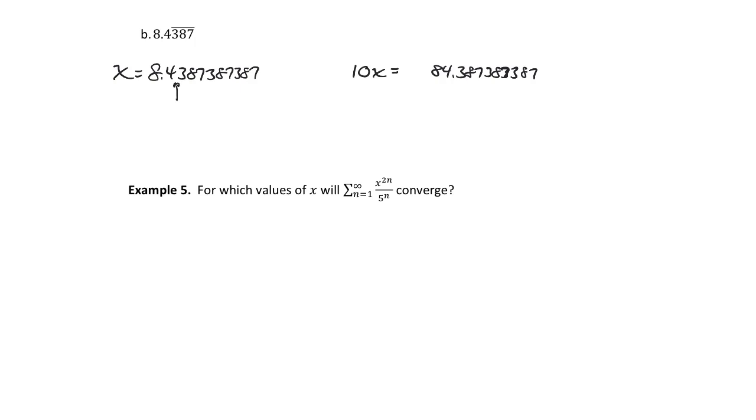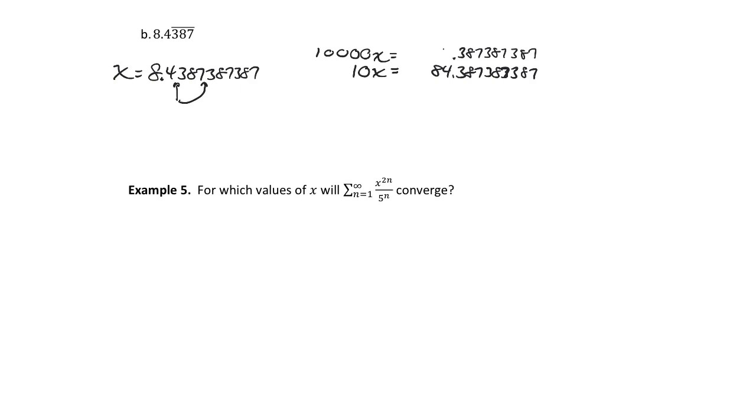Okay, now I need to move it 3 more spots. So I'll need 3 more zeros, so I'll end up with 10,000x. If I multiply by 10,000, that's a total of 4 zeros. That moves the decimal point 4 spaces over. That's where I wanted to be. The decimal part will be the same, 387, 387, 387. That was by design.